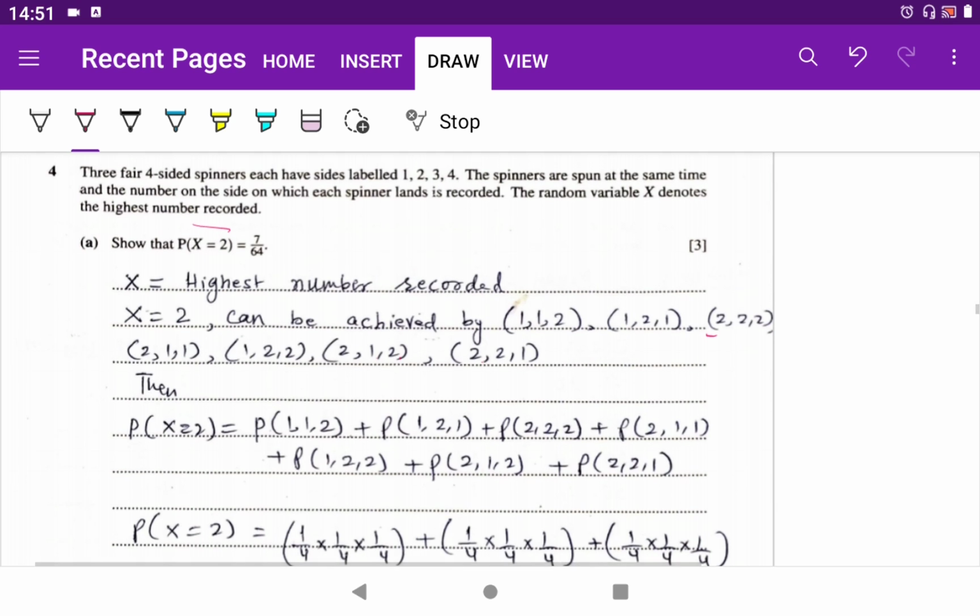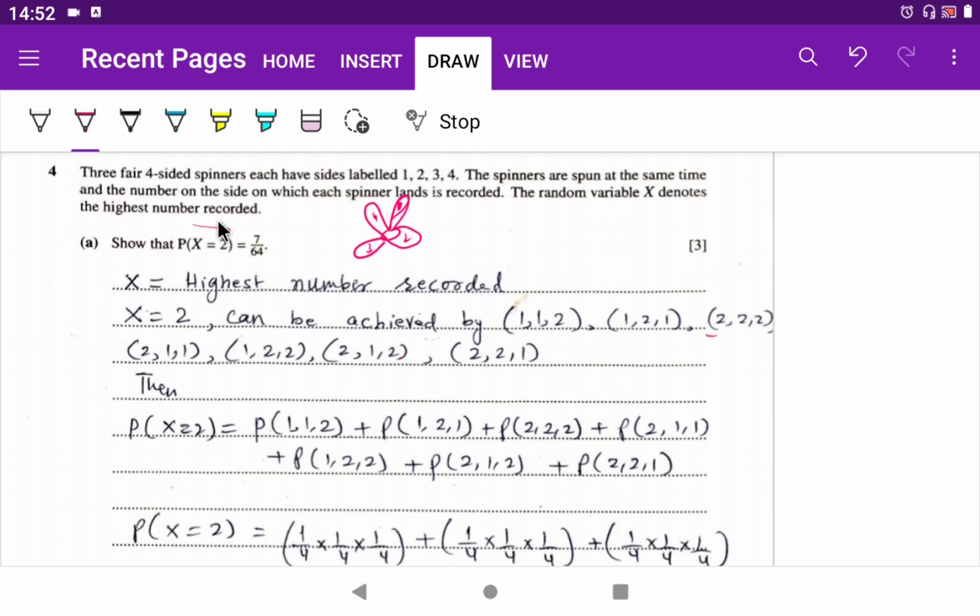So what is the question? Three fair spinners are there, and on each spinner is marked 1, 2, 3, 4. When the spinners are spun and each lands, the highest number recorded is denoted x.